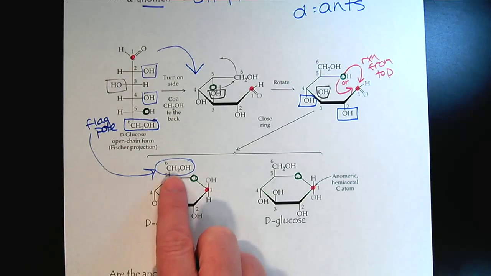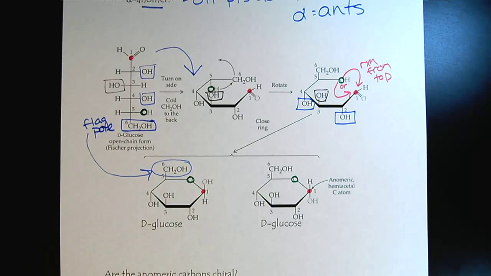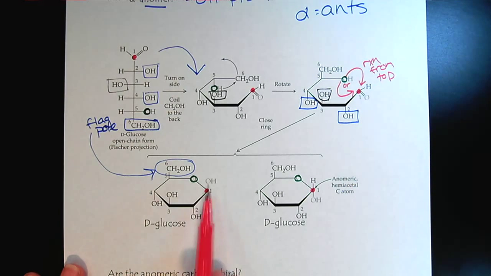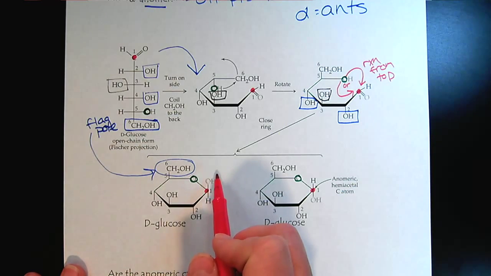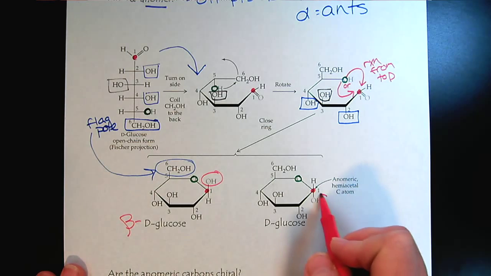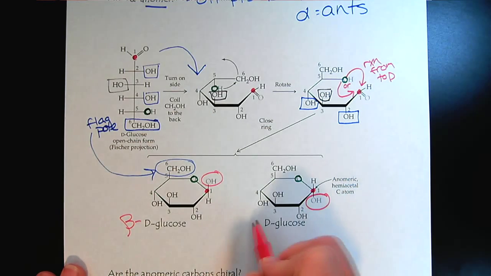This is basically an R group coming off of our ring. And then the last piece is to finish these names. Let's say which one is alpha and which one is beta. So here we look at this example and we see the OH group is pointed up. So that would be the beta anomer. And here the hydroxyl group is pointed down. So that would be called the alpha.